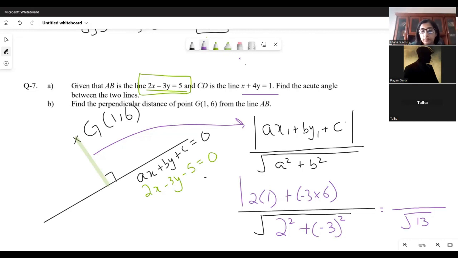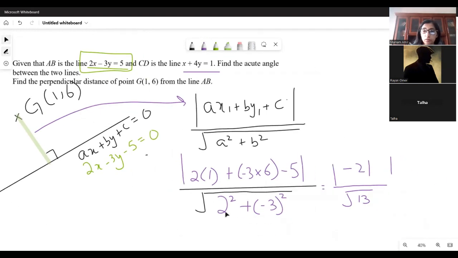Plus c is negative 5. So what is this? 2 minus 18 minus 5 is negative 21, which you'll take as positive 21 because of the modulus sign.